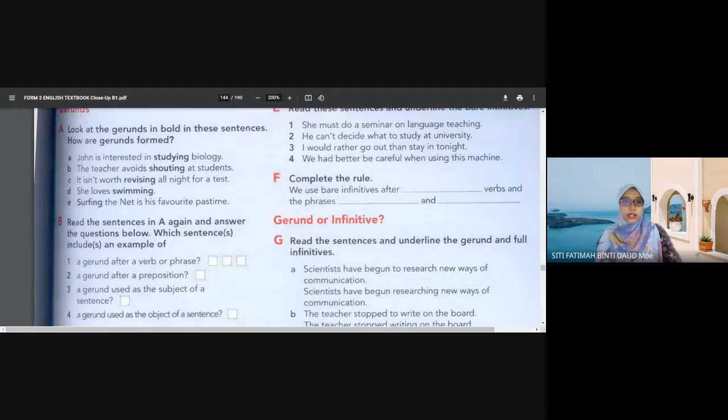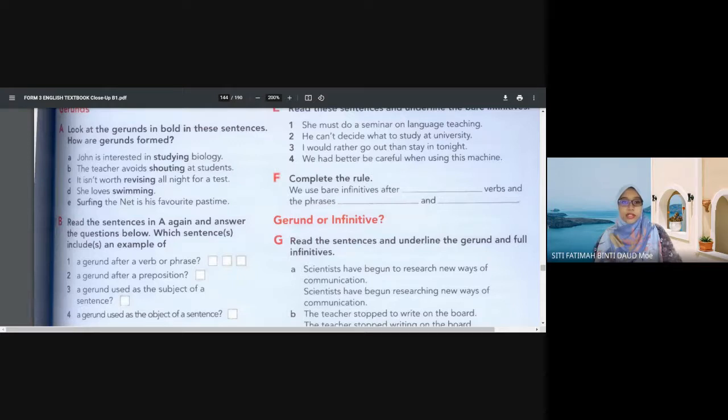A gerund after a preposition, okay, obviously it's A here because we have the word in. A gerund used as a subject of a sentence, this one, E. Surfing the net is his favorite pastime. Swimming is my hobby. Okay, so sometimes we use a gerund, -ing, at the beginning of the sentence because it's the subject.